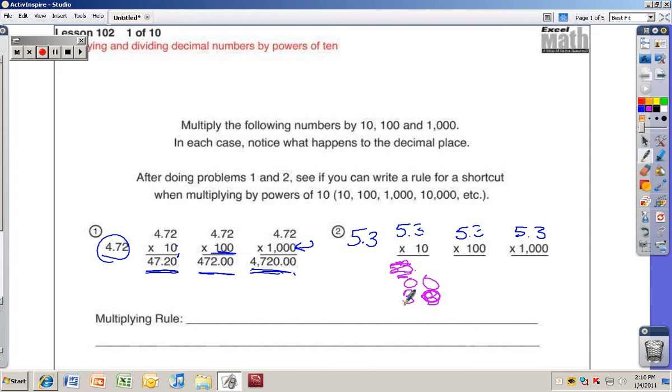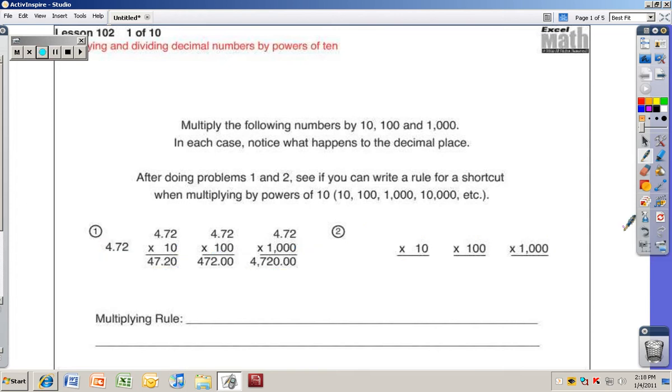Yeah. Okay. Just clear all that stuff out of there. 5.3 is the number. Okay, put down your 0. 3 times 1. 5 times 1. Okay, and how far is the decimal point over? Right 1. So that's 53.